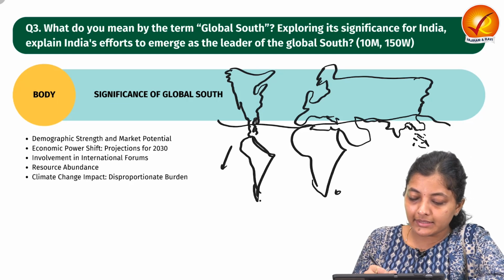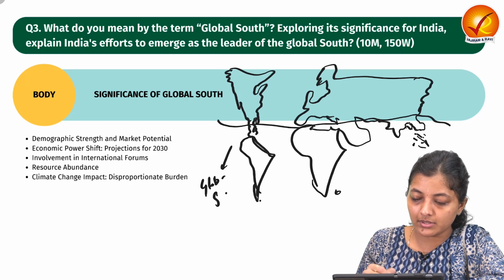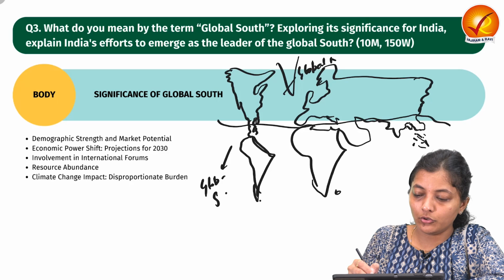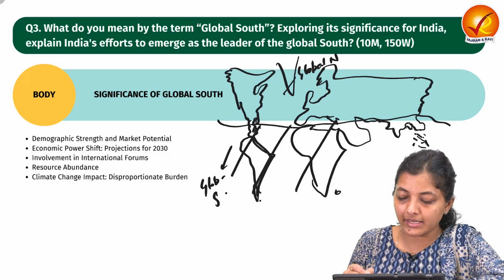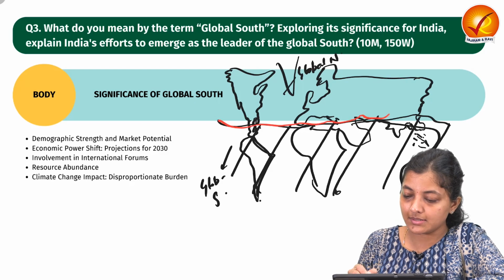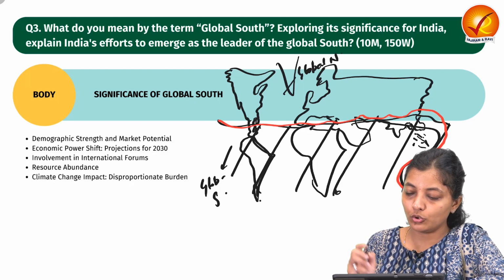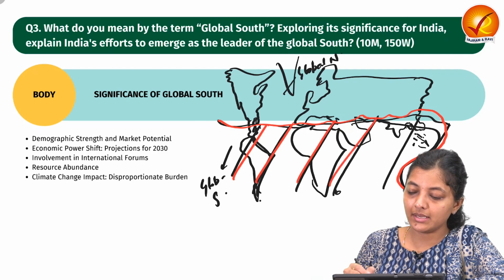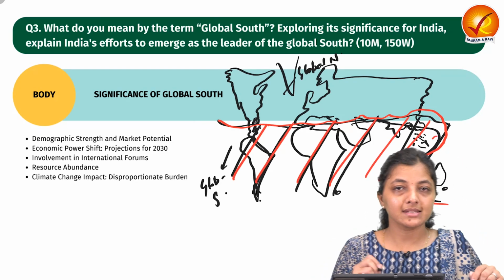You can tell that this is the Global South, this is the Global North, and this area has some significance. This is the Global South, this area, not Australia. So this area is the Global South, and it has some significance.